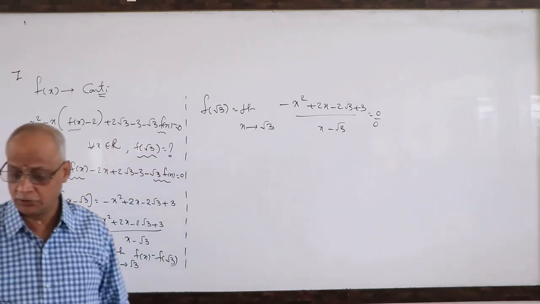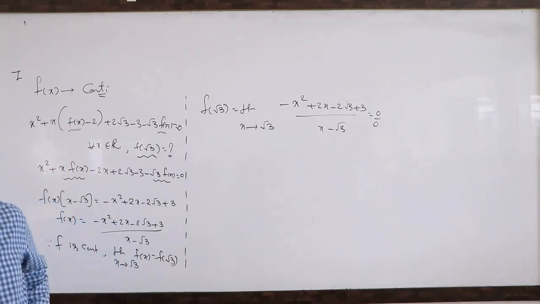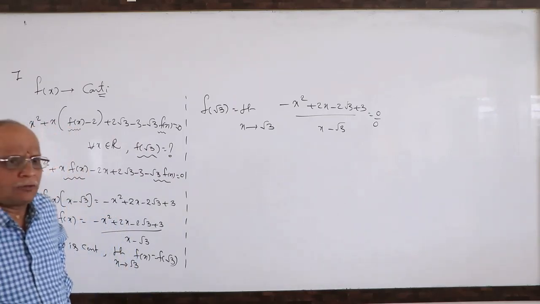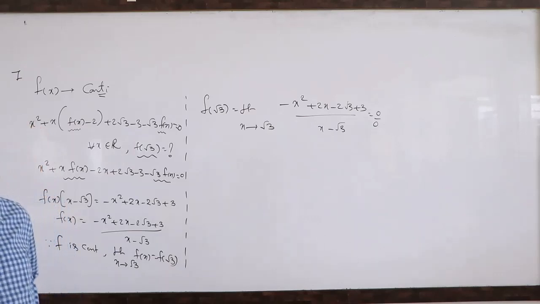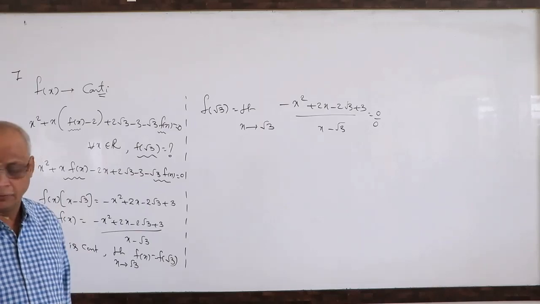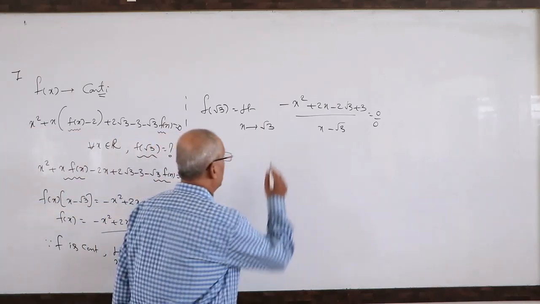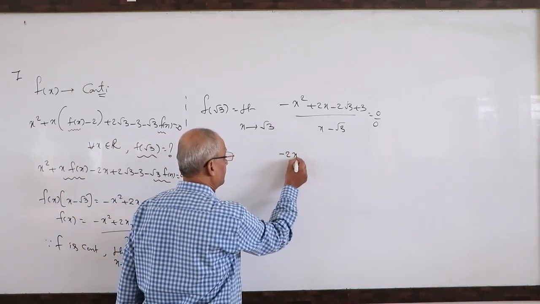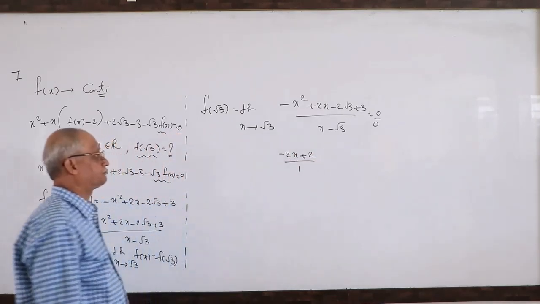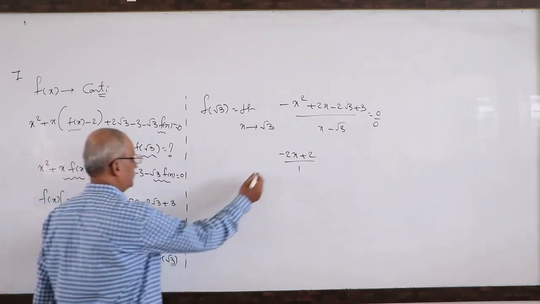Whenever it is 0 by 0 form, the shortest way is to directly go for the derivative, final answer only. How do you get the final answer? Differentiate: minus 2x plus 2 by 1, that is f of root 3.